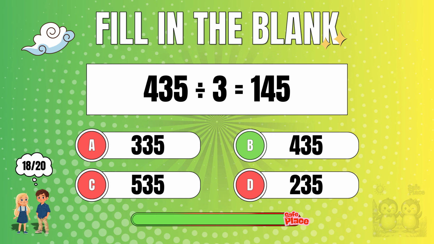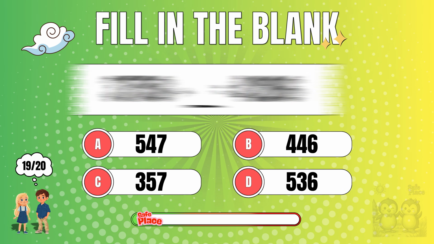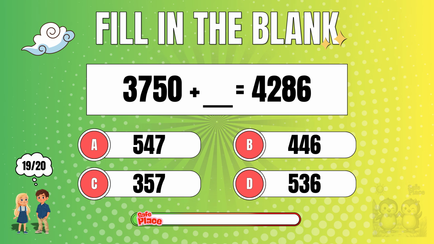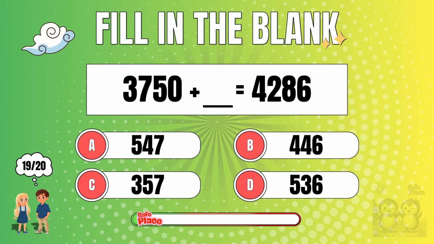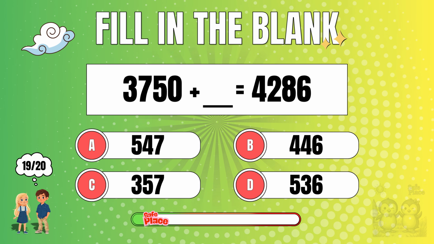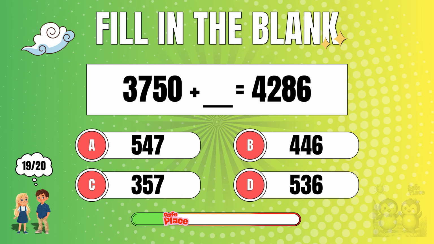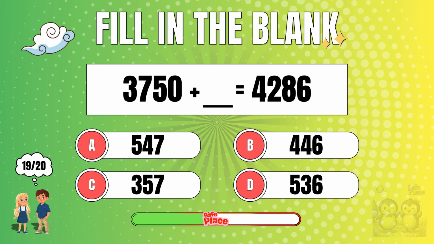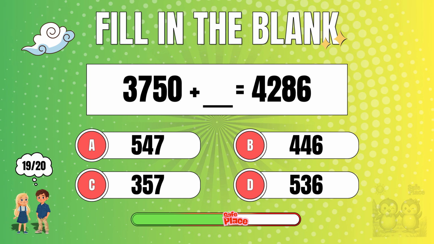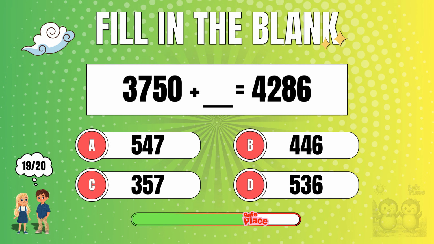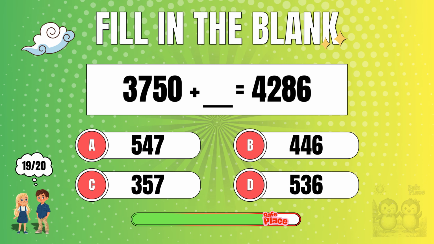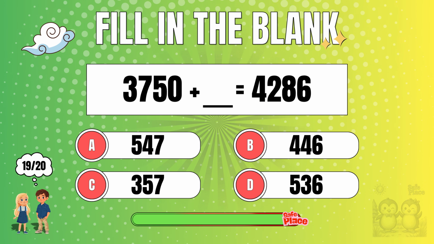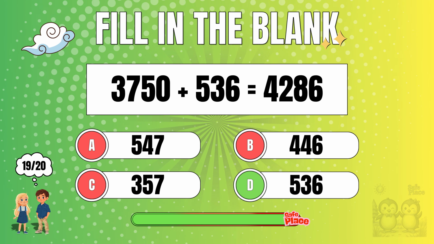The missing number is 435. 3,750 plus blank equals 4,286. 3, 2, 1. The missing number is 536.